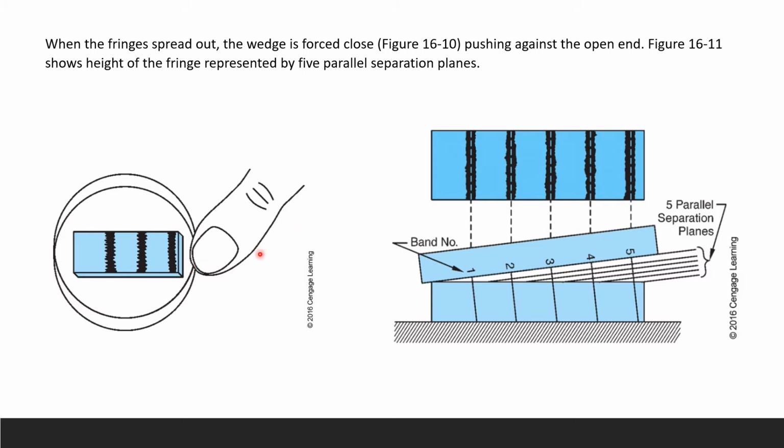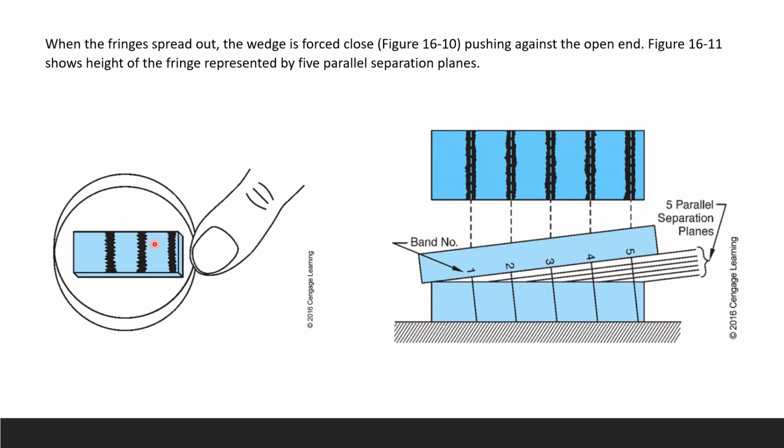Here it shows the height of the wedge represented by 5 parallel separation planes. What it's trying to tell you is that when force is applied and it widens the fringe bands, you know you are squeezing this air wedge closed. You have to understand they're very delicate, so a little force is going to change the pattern of the fringes.